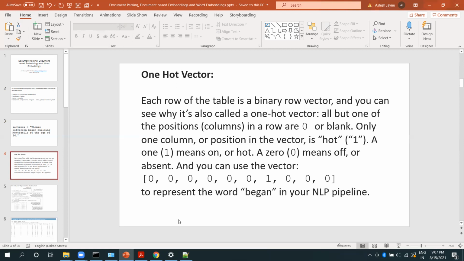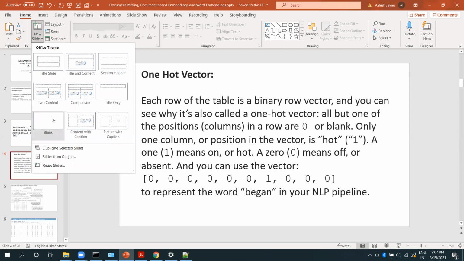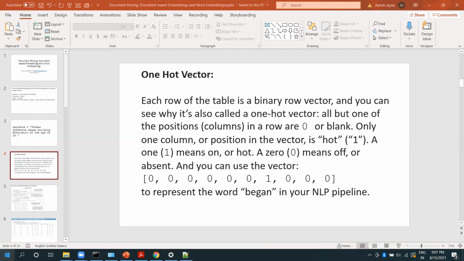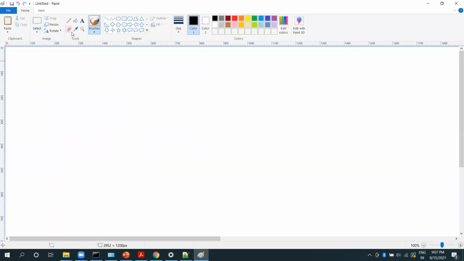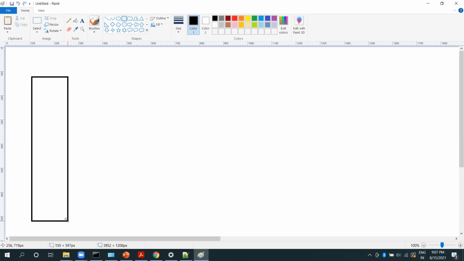When you're given a text, let's say I open Paint instead of this. Let's say you have a column in which you have values such as A, B, A, B, and then maybe C and then B again.